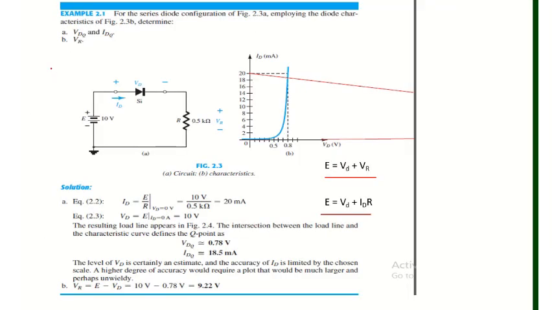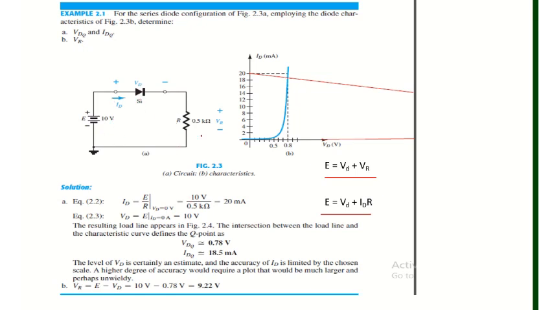Coming to example 2.1, in which we have a series combination, which is figure 2.3a, and on the right side we have a characteristic curve of a diode, which is 2.3b. What we need to find is VDQ and IDQ, which we shall find using load line analysis, and the voltage across the resistor, which is VR.